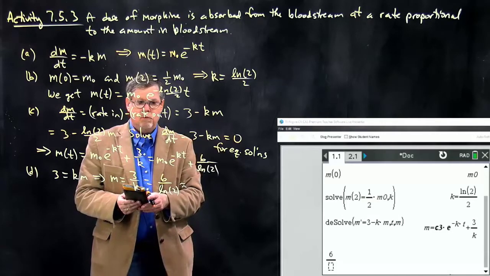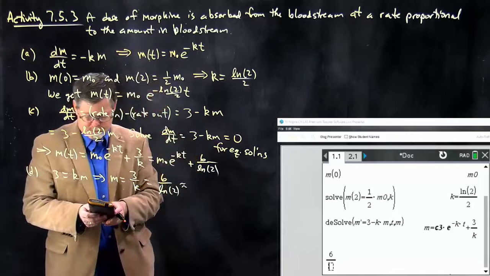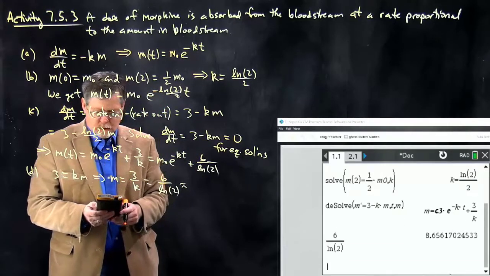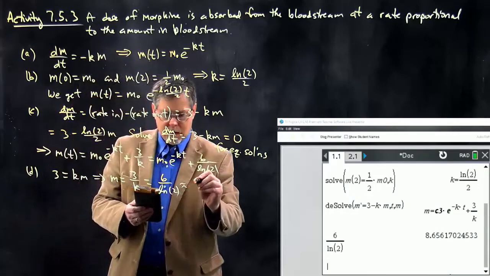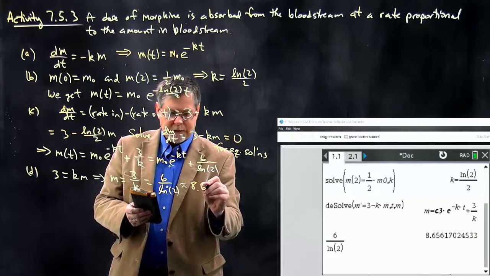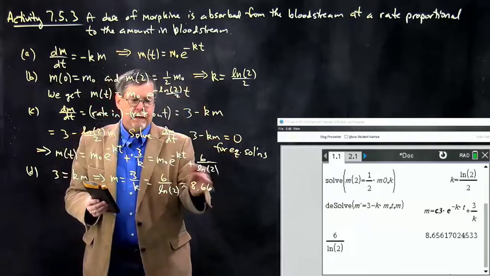So it's about 8.66. Okay, so we've got an equilibrium solution.